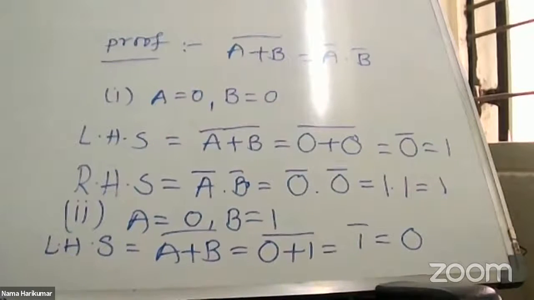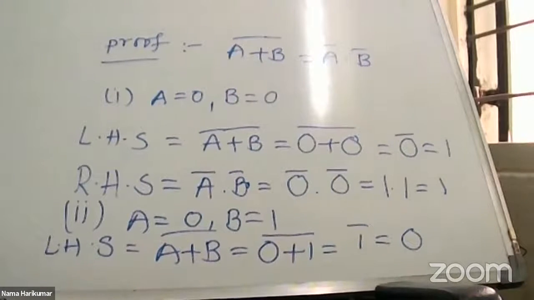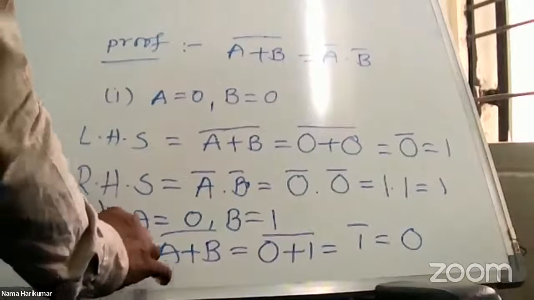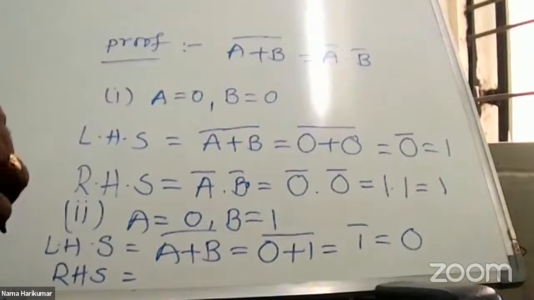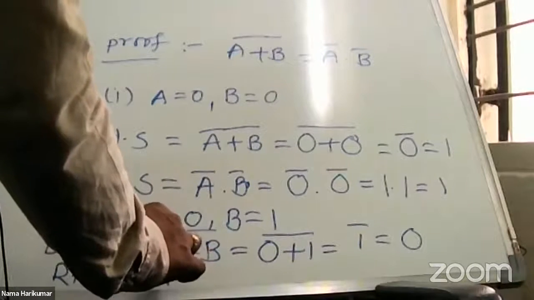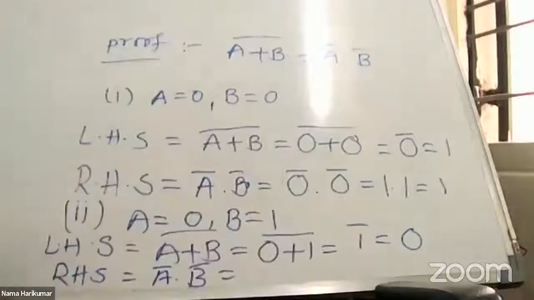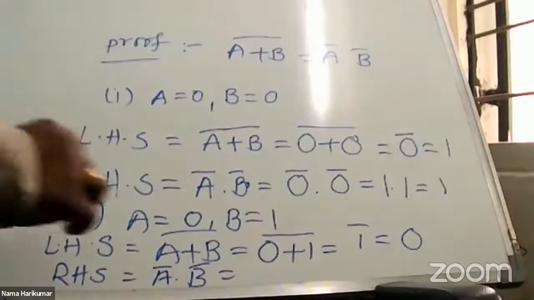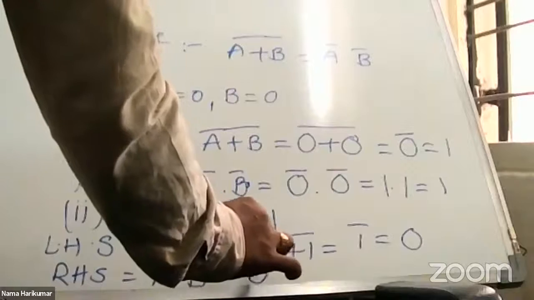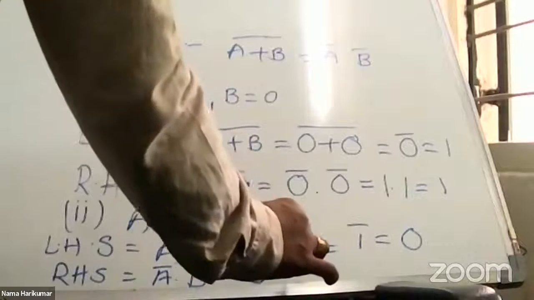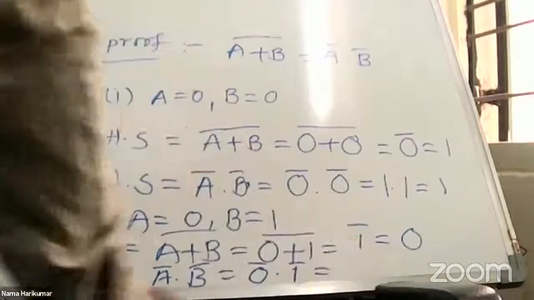The LHS value is 0 when A equals 0 and B equals 1. Next is the RHS. The RHS is A bar dot B bar, that is, A value 0 complement dot B value 1 complement.